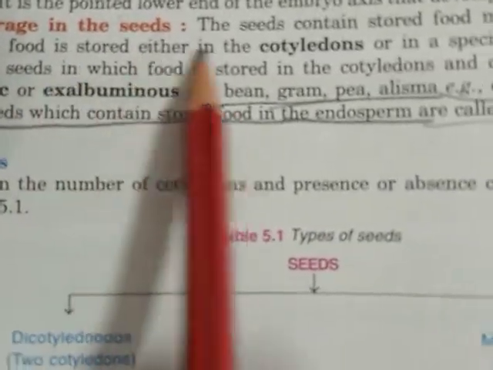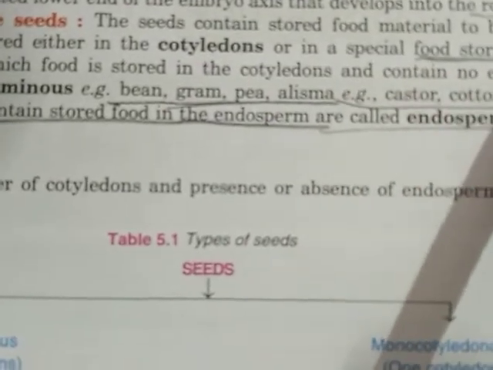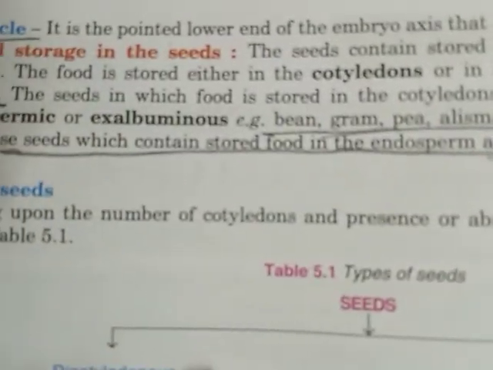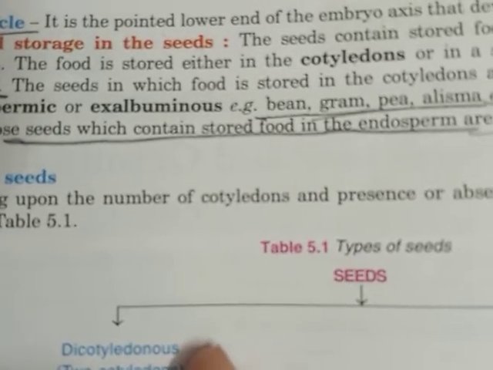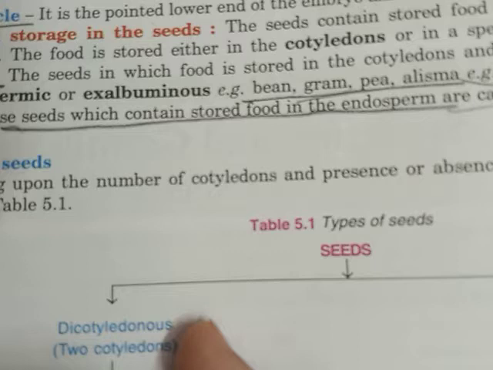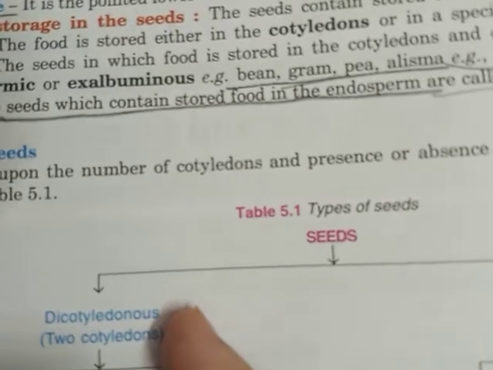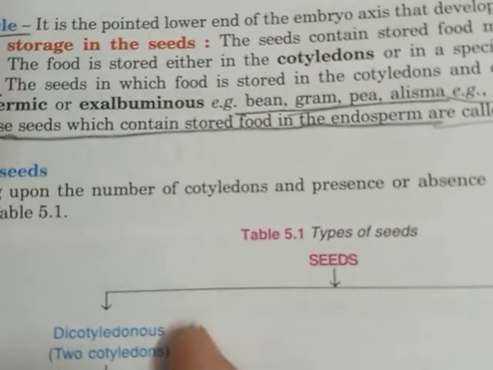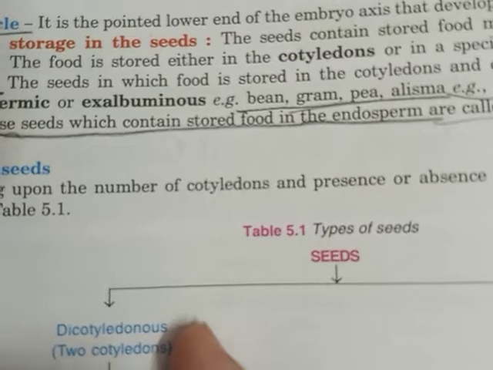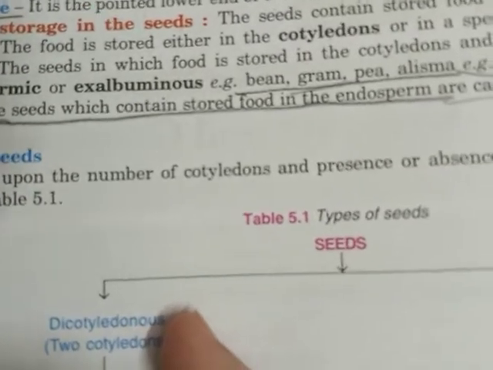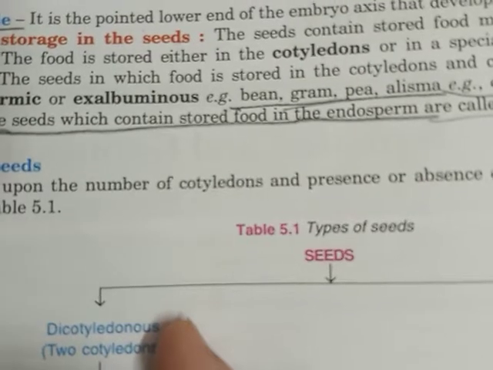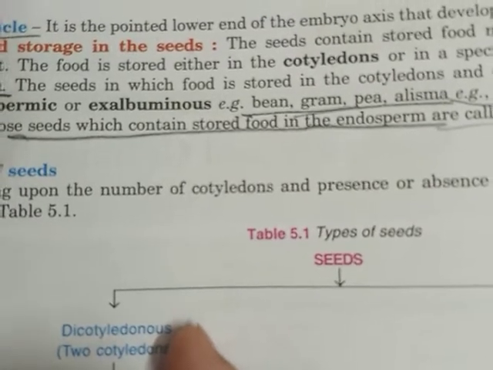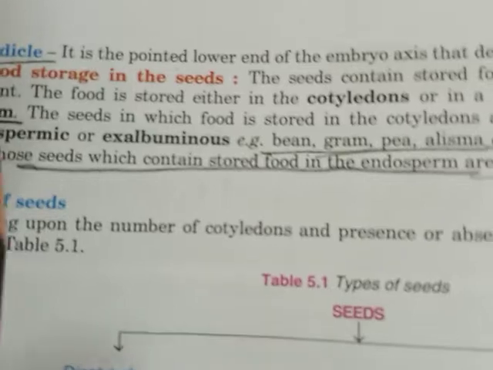The food is stored either in the cotyledons or in a special food storage tissue called the endosperm. If it is stored in the cotyledons, they are thick and fleshy. But if the food is stored in the endosperm, the cotyledons are thin and membranous. They are not thick and fleshy.